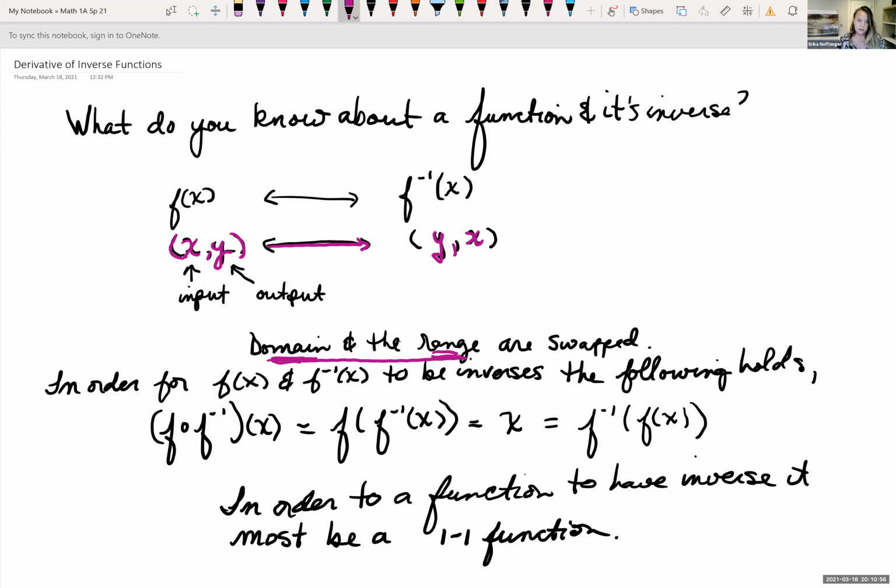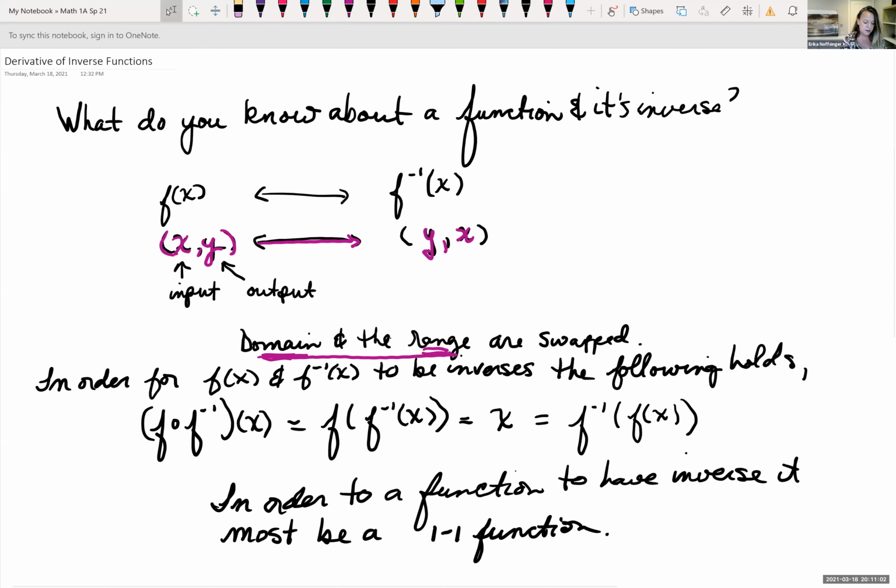In order for two functions to be inverses, a couple of things need to hold. In order for a function f of x and f inverse of x to be inverses, when we take the composition of the functions, written in this notation, same as this, you have to get back x.